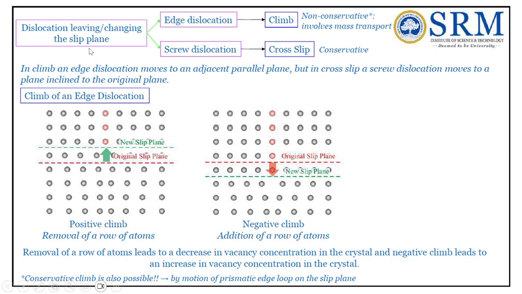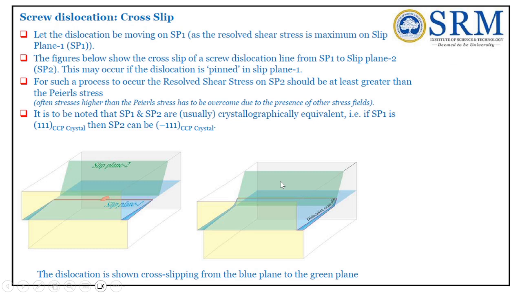Dislocation leaving or climbing the slip plane can be classified for edge dislocation and screw dislocation, as we have discussed earlier. You can see how the climb of an edge dislocation works. If it is moving upwards, it is a positive climb. If it is moving downwards, it is called a negative climb. Cross slip, as I already told you, is a twin motion.